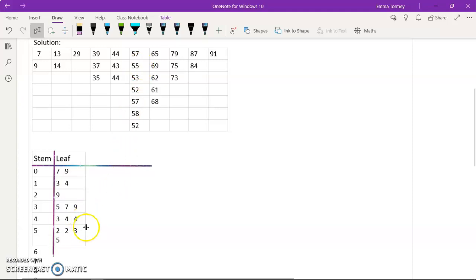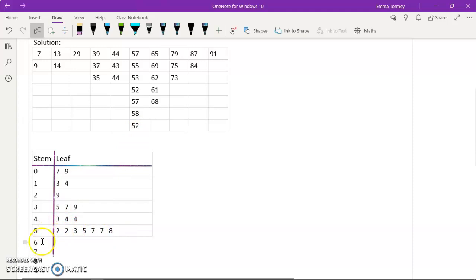Let me make this bigger. Then 2 7s, and then an 8. Let me just check: 1, 2, 3, 4, 5, 6, 7, and 1, 2, 3, 4, 5, 6, 7.